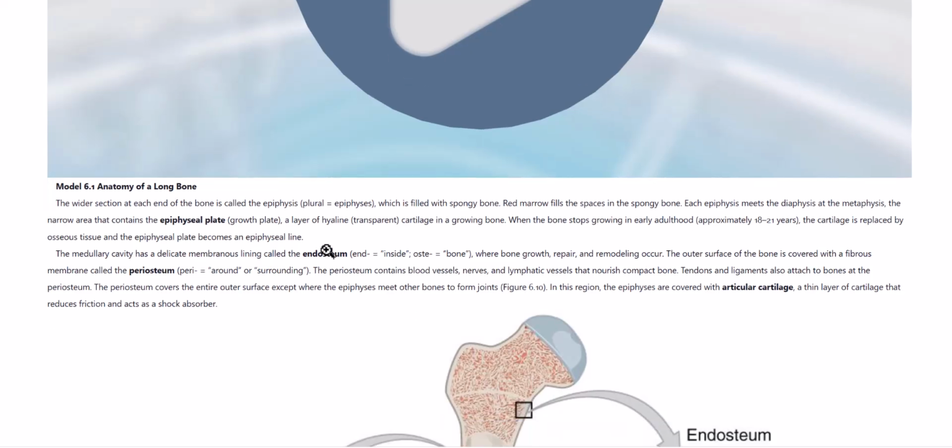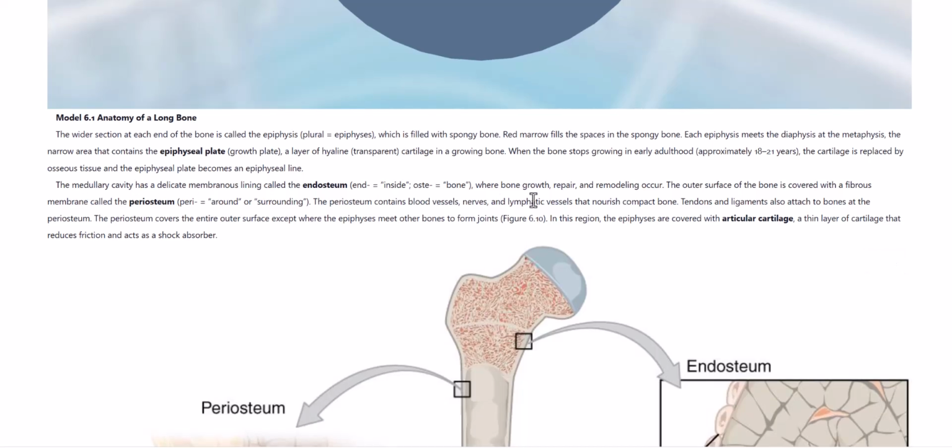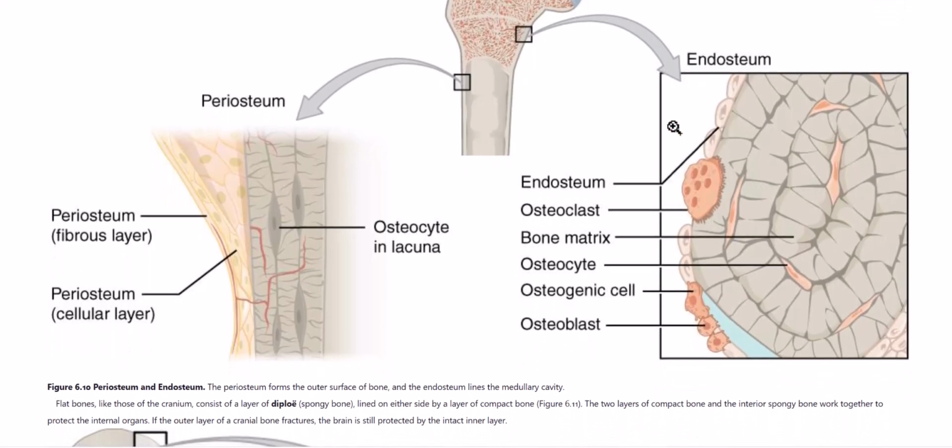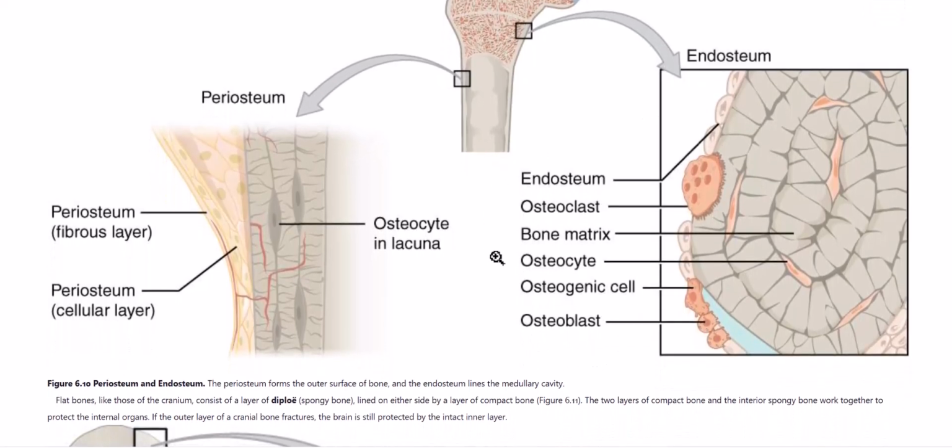So again, everything I described, the endosteum, the periosteum, the articular cartilage, is all here for you. I'm going to skip over this conversation for just a brief moment. This is showing us that in the periosteum there is both a fibrous and a cellular layer out here. This is both connective and epithelial tissues. And we can see that making up the outer layer of the bone itself is the compact bone.